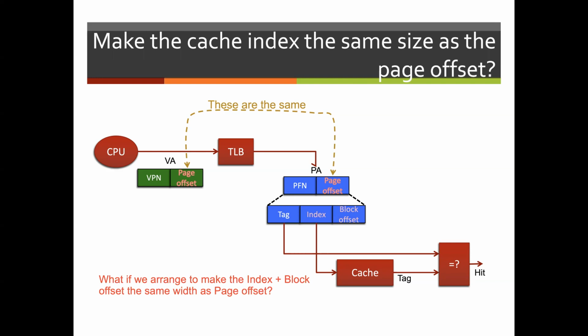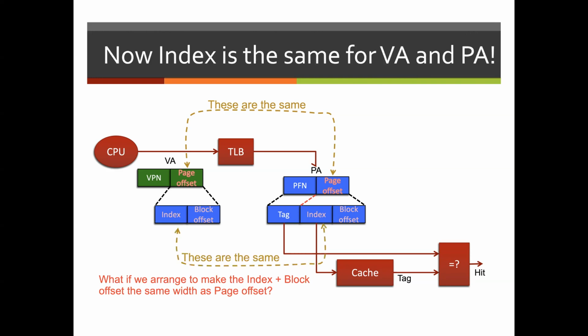So what we can do is make the cache index the same size as the page offset. And so if the page offset is the same, then the index will also be the same. And so we can map the cache index and page offset to the same.